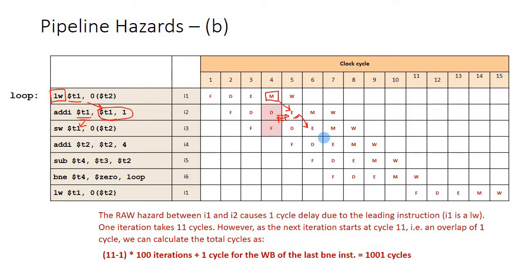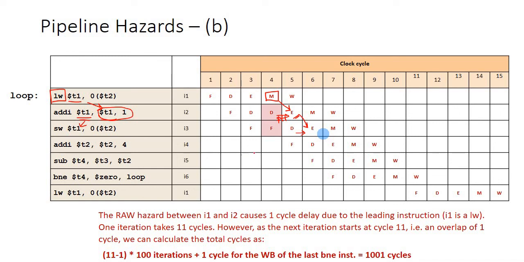So again, I will be reading the wrong T1 when I come from the decode stage over here, but the multiplexer will be able to select the correct T1 for me and the correct data to be sent through. So that is your T1 for instruction 3.